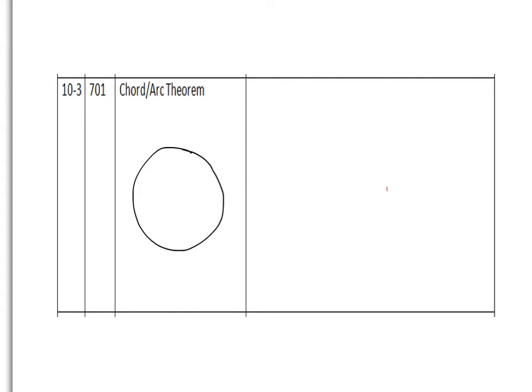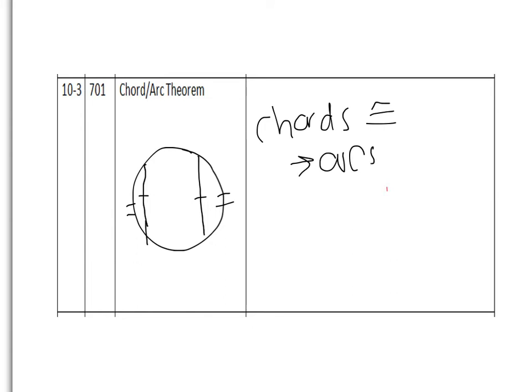Okay, our next theorem is the chord arc theorem, which basically says that if you have two chords that are equal in length, then these arcs are going to be equal too. It works both ways. If chords are congruent, then the arcs are. But you could also say if those arcs are congruent, then the chords are.